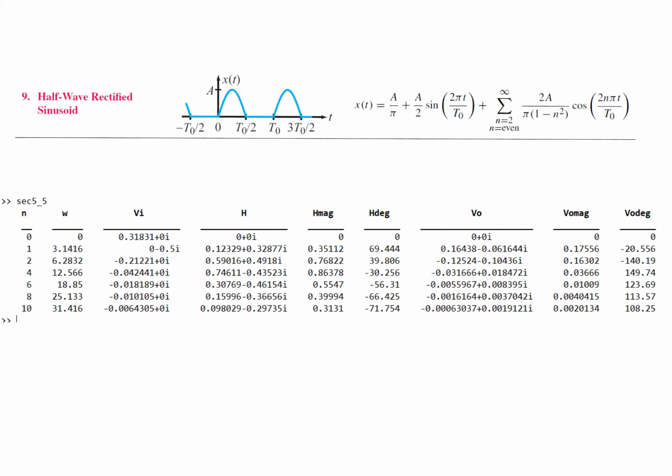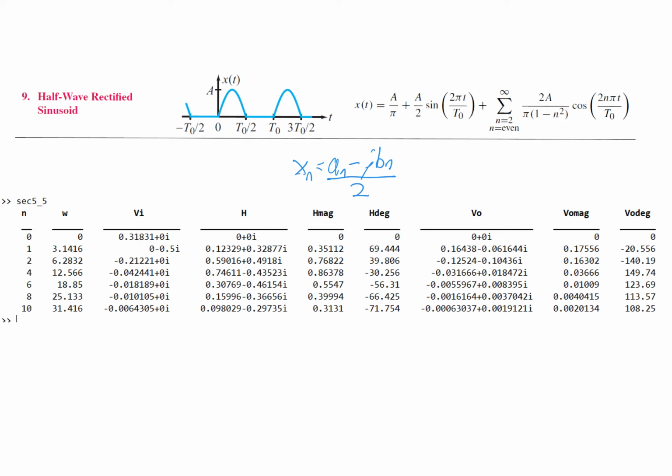The DC phasor, A over pi, will always be real, and the cosine only components, which are all the even n's starting at 2, will be purely real, following this formula here. There is also a sine component, which is A over 2, and remember from the Fourier series, we have X of n equal to A of n minus j B of n divided by 2. So we have the negative B component, A over 2, is what comes up in our phasor here.